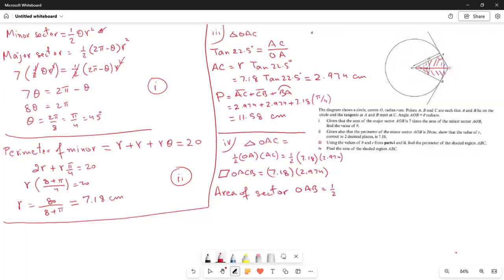So half theta is pi by 4, and r squared. R is 7.18, and it's squared.